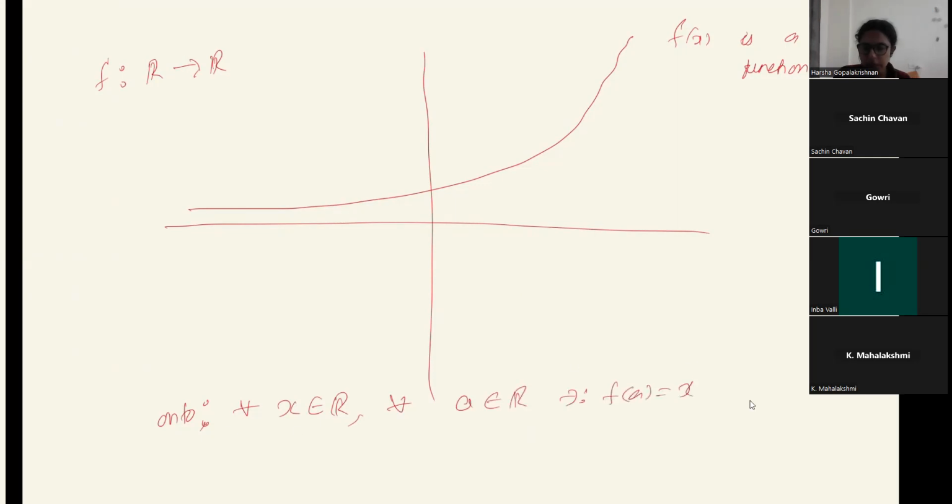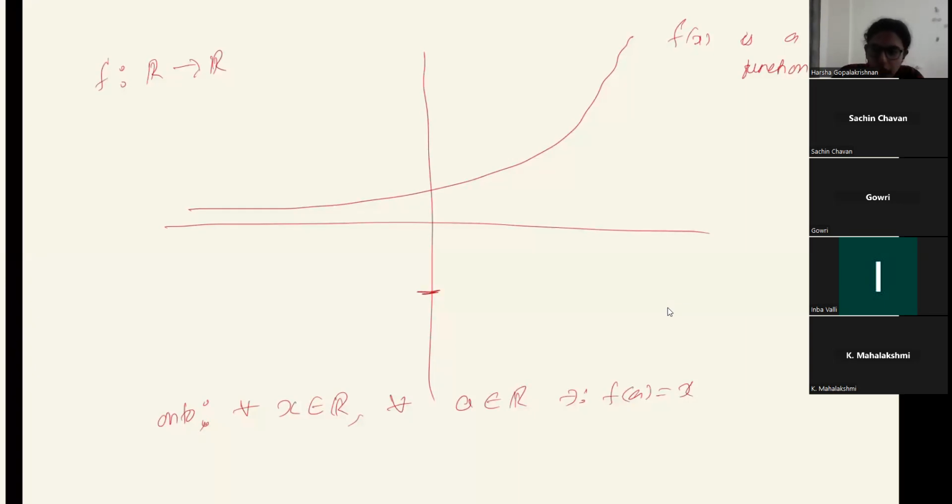Is this definition clear? Yes. So, for example, I am taking x as a negative number, say it is here. My question is, does there exist a real number A in R such that f of A equals x?